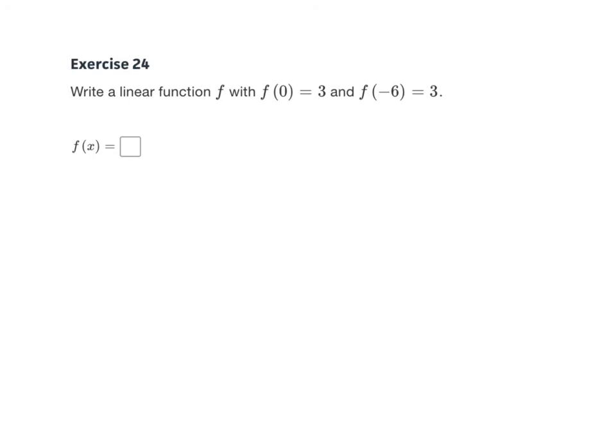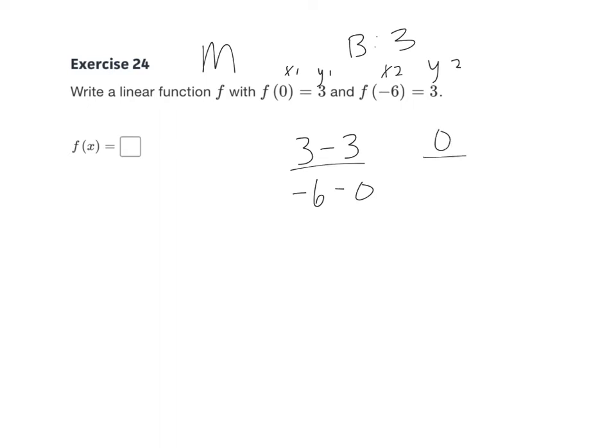24. Our m we're going to find. Our b is going to be 3. So x1, y1, x2, y2. I'm going to have 3 minus 3 over -6 minus 0. 3 minus 3 is 0, and -6 minus 0 is -6.